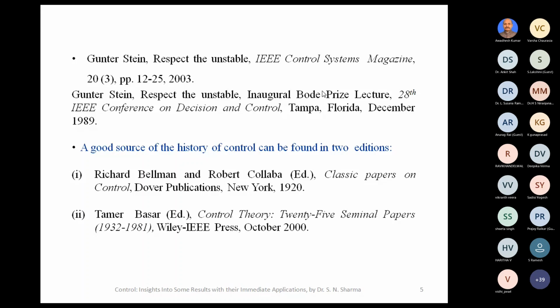The response achieves the set point without modifications in the parameters of the controller, irrespective of plant parameter variations and the effect of input disturbances. That is the meaning of robustness.